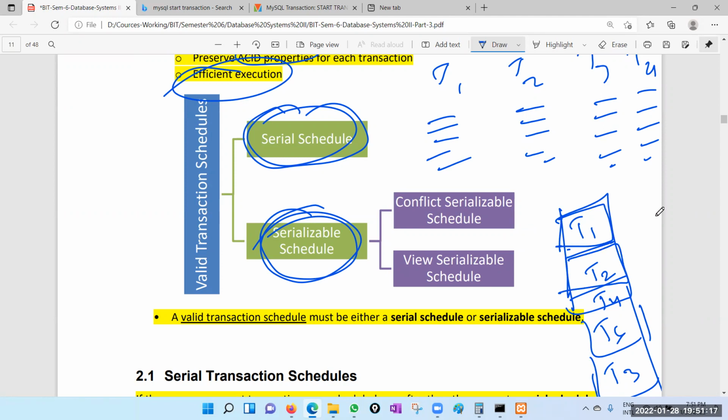There is no concurrency. No two transactions happen at the same time. So therefore, it is always a valid schedule. And again, it doesn't matter whether it is T1 after T2 or T2 after T1.